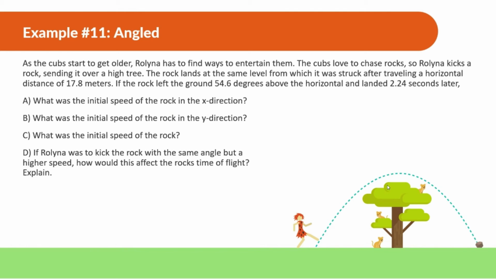Okay, so again, let's kind of draw this out. Let's draw all the things that we know. I should underline some things. Horizontal distance of 17.8 meters, left the ground 54.6 degrees, landed 2.24 seconds later. So Rolina's here kicking this rock. We don't know how fast, but we do know it is at an angle of 54.6 degrees.